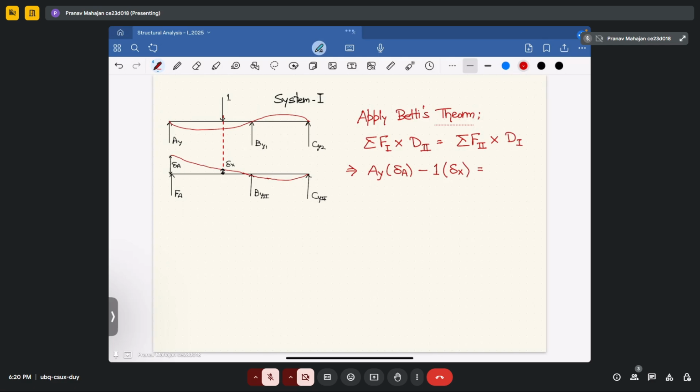Now we will take system 2. In system 2, Fa is the reaction force, and due to that, the displacement in system 1 is 0.